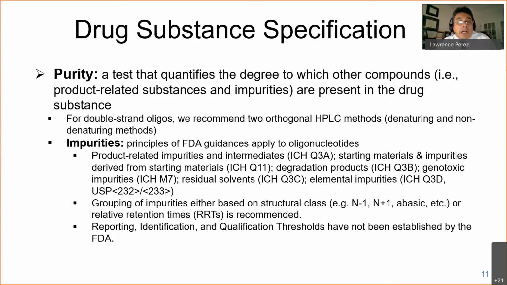So we prefer to look at this on a case-by-case basis and have discussions with manufacturers on what types of data they are using to set the acceptance limits for the impurities in their drug substance.